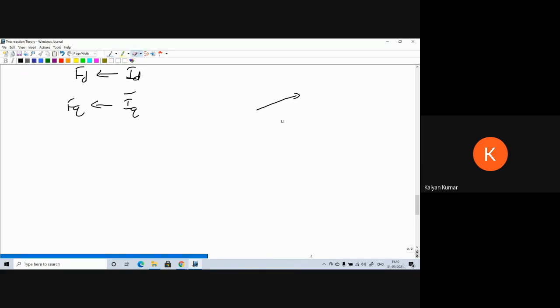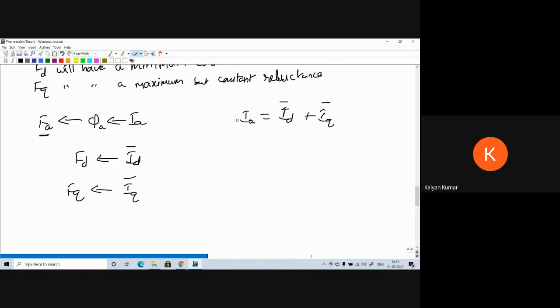Okay. After the phasor diagram, we will get Id and Iq. Let's forget about it for now. Now let us see: phi d is produced by Id and phi q is produced due to Iq, and this Id and Iq will produce armature reaction flux phi ad and phi aq.